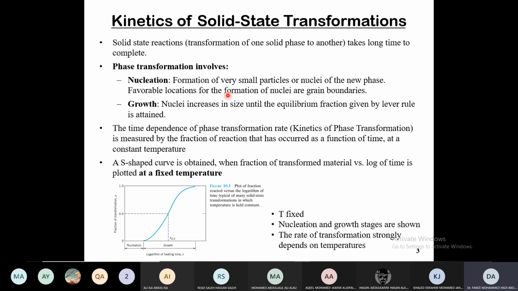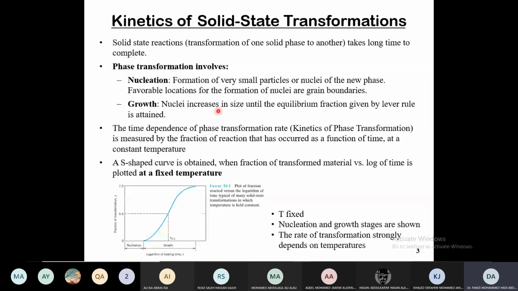So favorable locations for the formation of the nuclei are the grain boundaries. And we said why: because of the higher energy level, because of the less bonding between the atoms there, which makes the atoms there more energetic. Once the nucleation has started, these nuclei are going to grow.